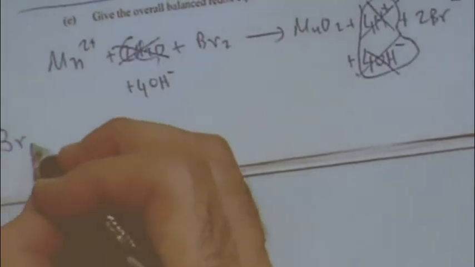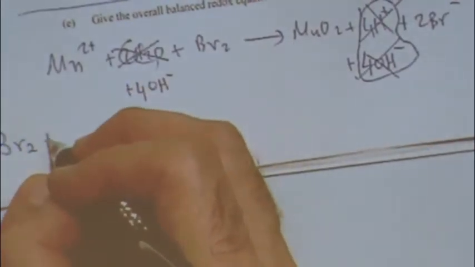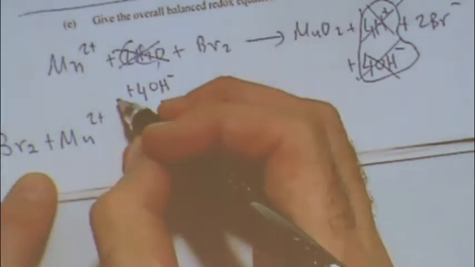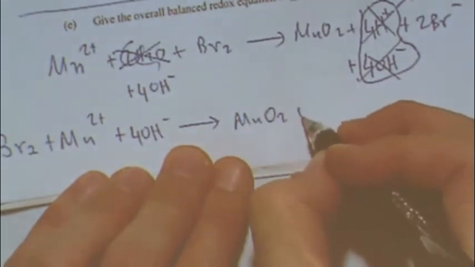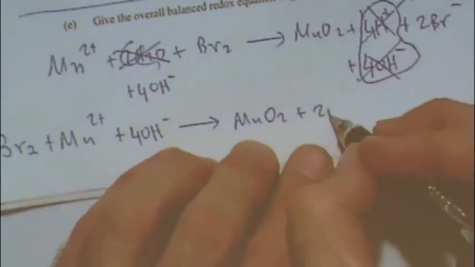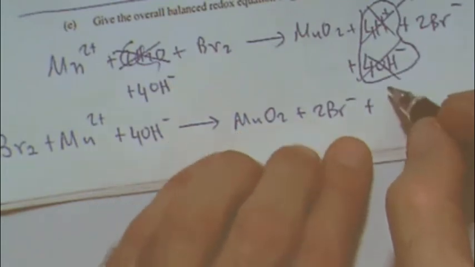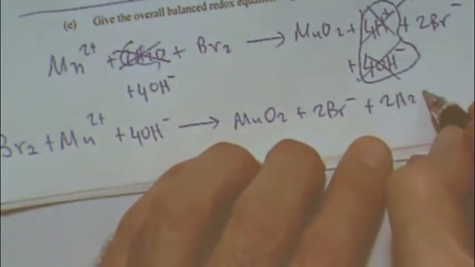Then the final one will be: manganese 2 plus 4OH minus, manganese dioxide plus 2Br minus plus 2 waters. That's it. We're done.